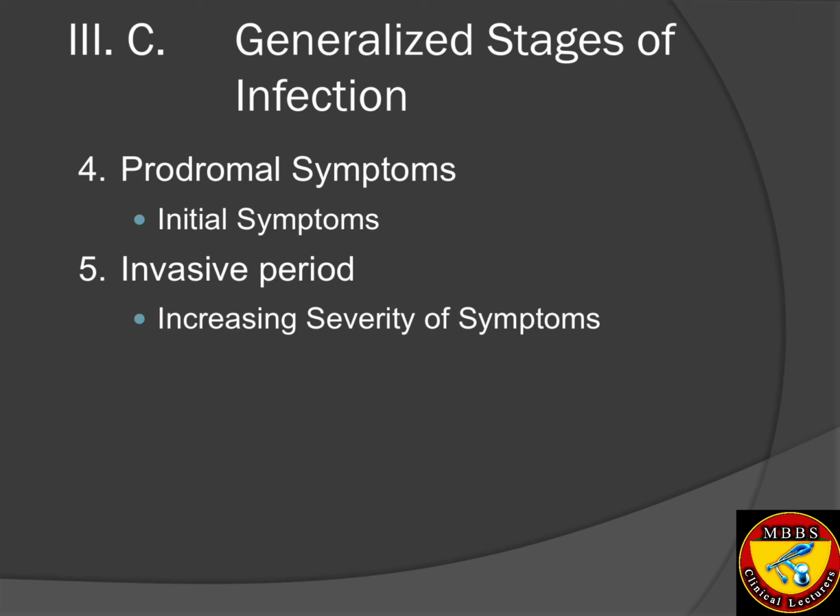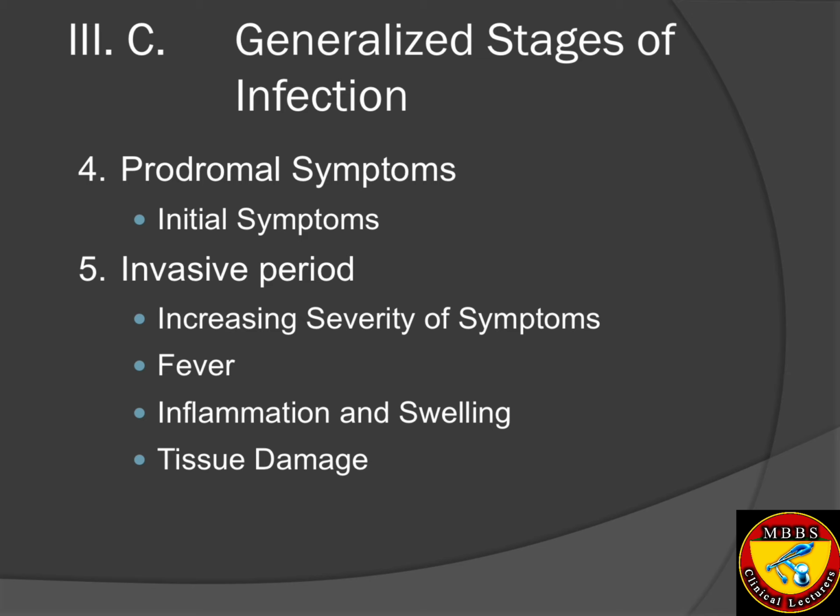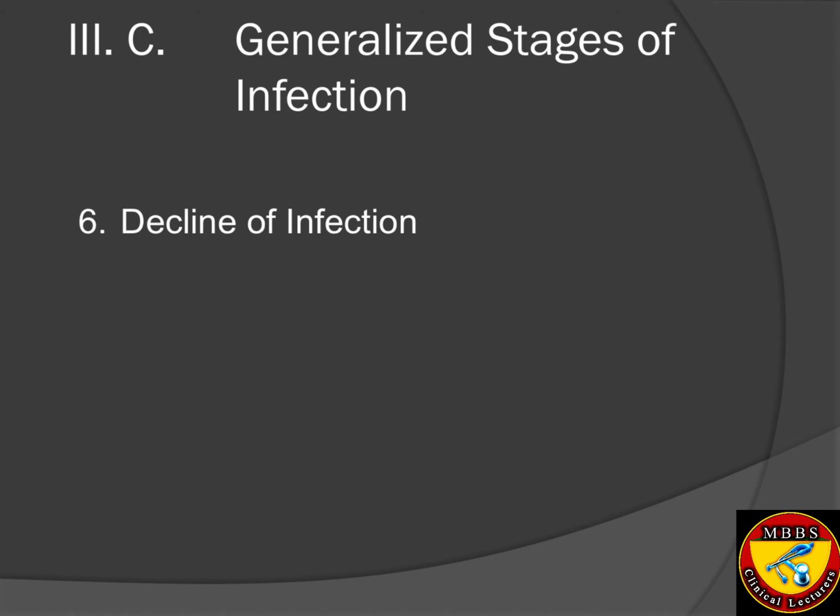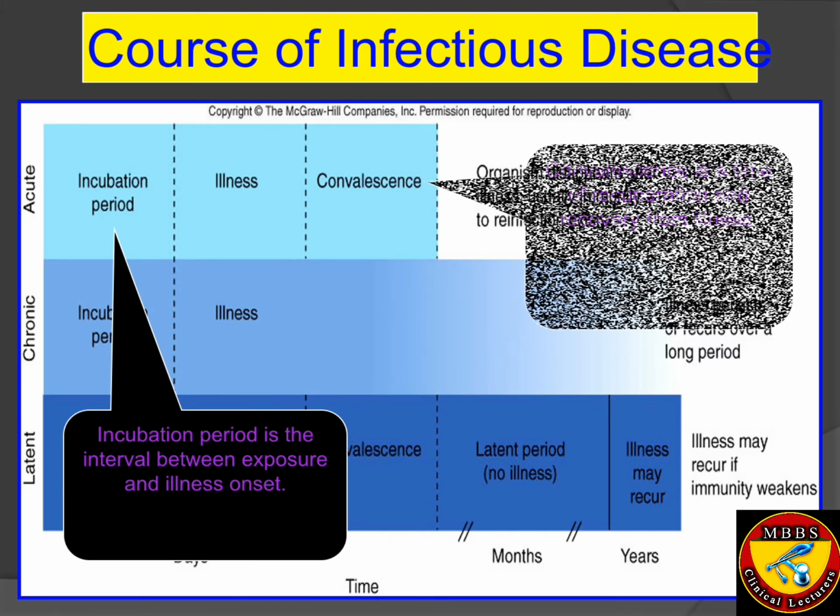Fever sets in, inflammation and swelling occurs, tissue damage also occurs, and the infection spreads to different sites as well. After these steps, there is decline of infection, which is the end or resolution of infection, leading to convalescence. Convalescence is usually the regain of health.